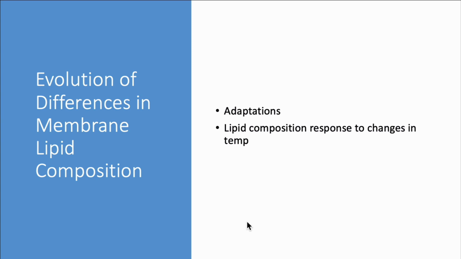Specifically, we're referring to the temperature changes that have taken place over a great amount of time. These components evolve in organisms based upon where we find them. They have different optimal temperatures at which they function.